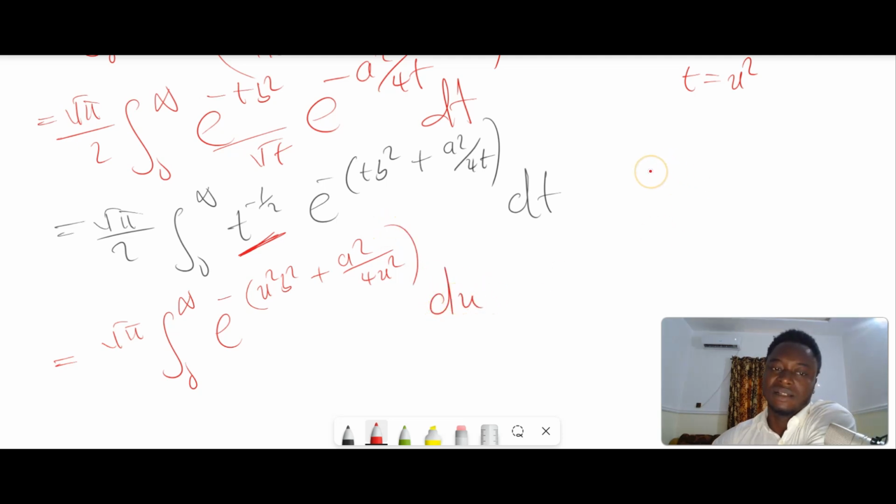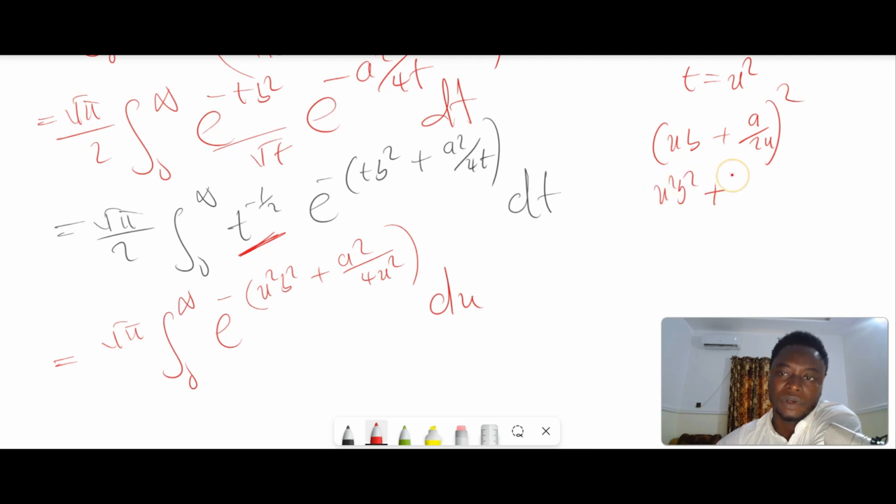Now notice that here you could write this as ub plus a over 2u all squared.